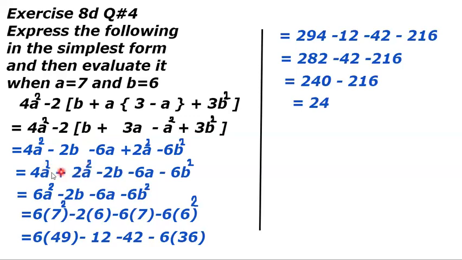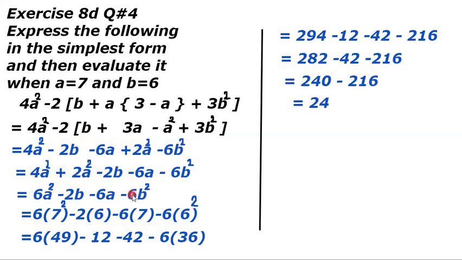Then negative 2B, negative 6A and negative 6B square will be copied down from the above step in this step. Now positive 4A square and positive 2A square gives us 6A square. Negative 2B, negative 6A and negative 6B square, all these remaining terms will be copied down in the next step.